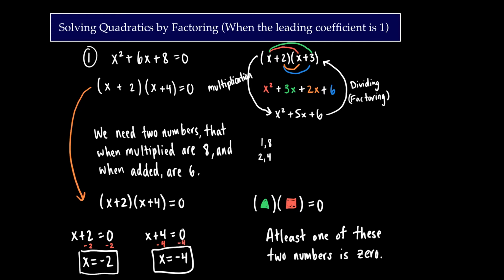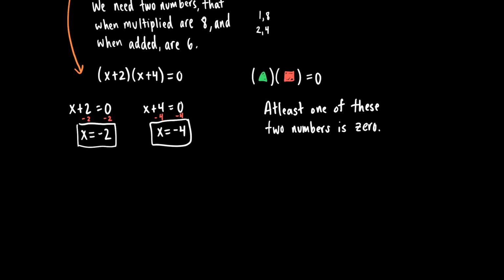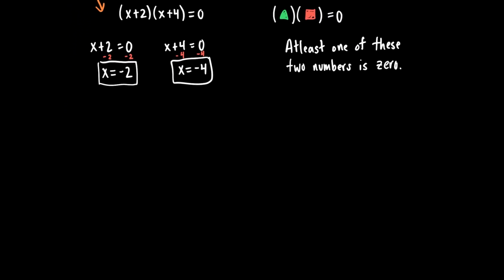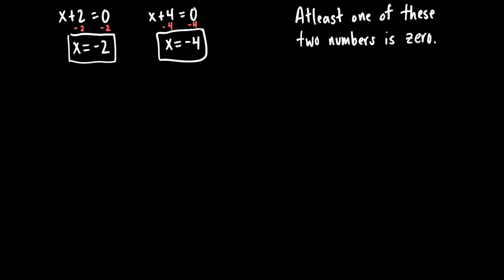Okay, so I'm going to scroll down here, and we're going to rewrite the original function and check them. All right, so the original function was x squared plus 6x plus 8 supposedly is equal to 0. And we're going to check and see if x equals -2. If we plug in -2 for x, we're going to see if that makes that equation true.